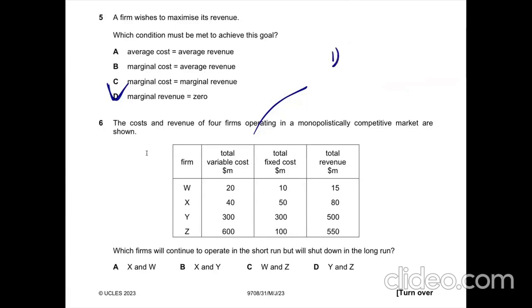First, the firm has to currently make a loss, which means the total revenue of the firm should be lower than total cost. Second, the firm's current price has to be either bigger than or equal to its average variable cost.